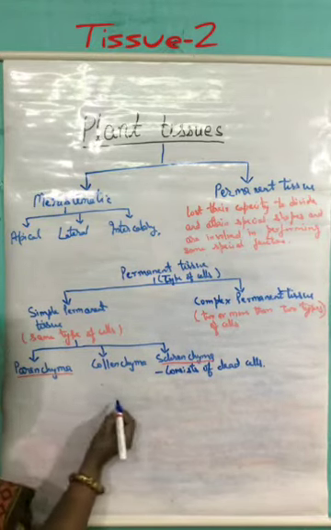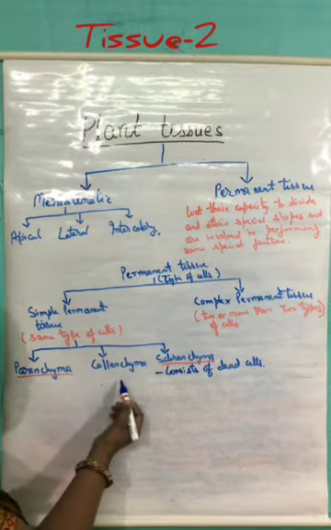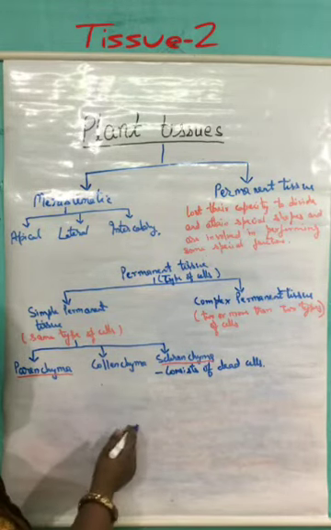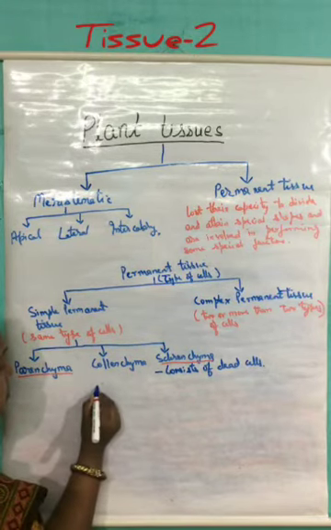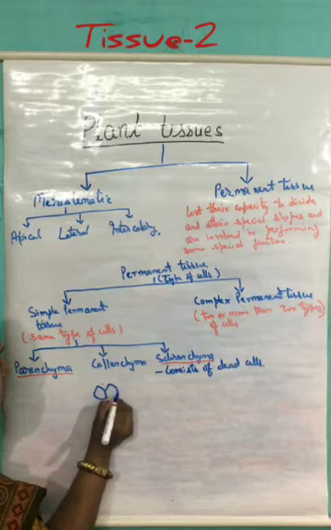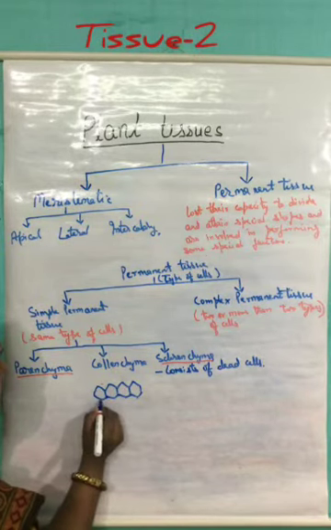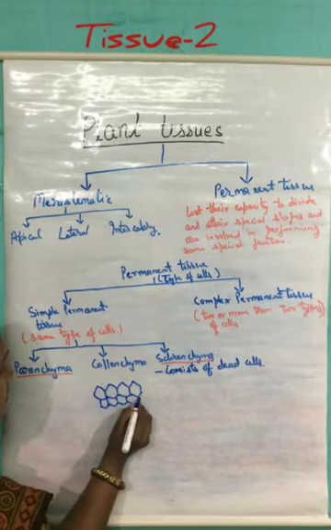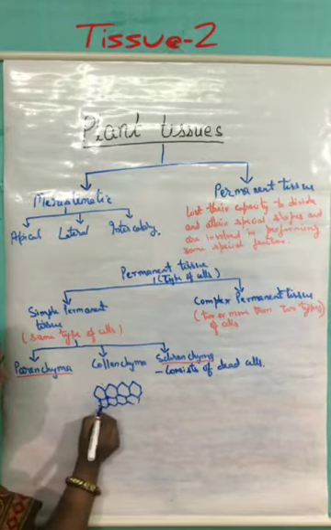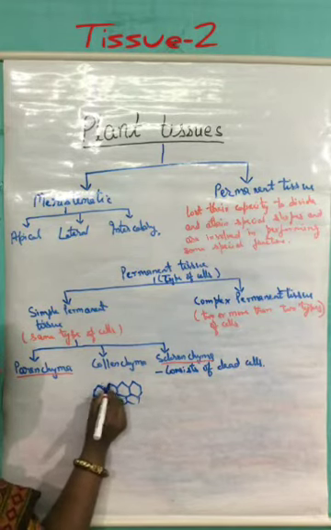How? What happened? Already we have discussed the parenchyma. Some of the parenchyma gets modified into collenchyma, and further these collenchymatous cells, if they become older, we have seen in the case of collenchyma that the shape of the cell is comparatively hexagonal, having thickness at the corners. Because of it, the thickness is irregular.